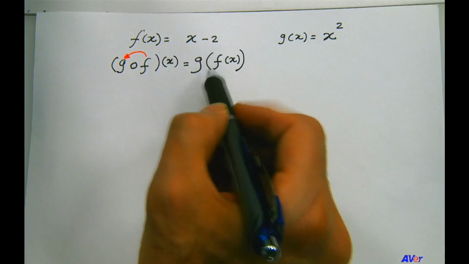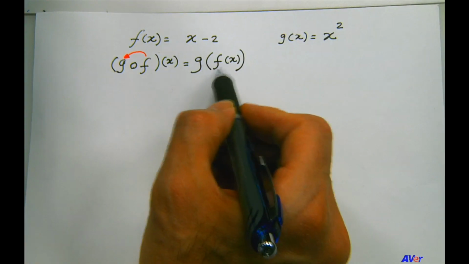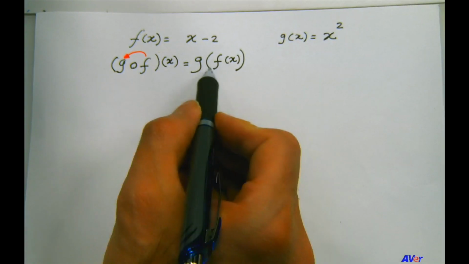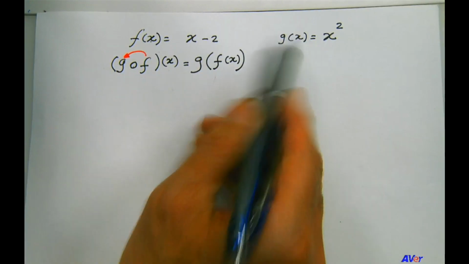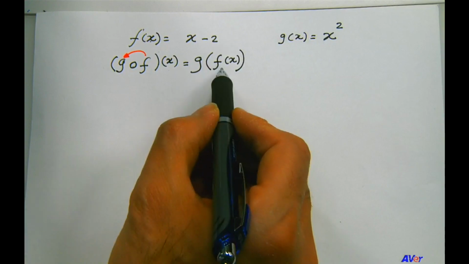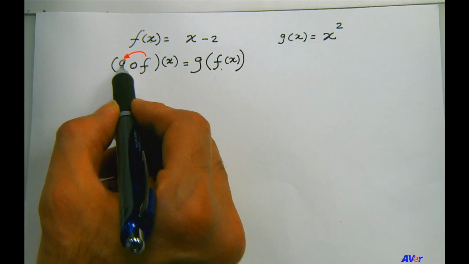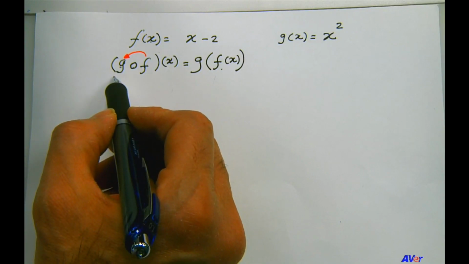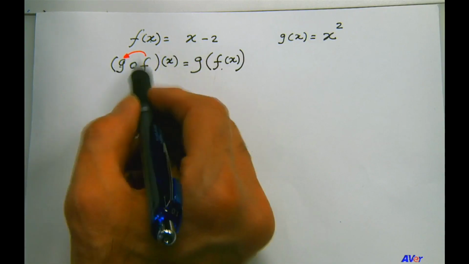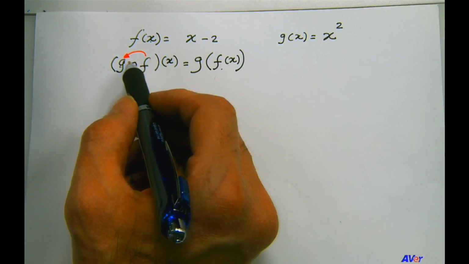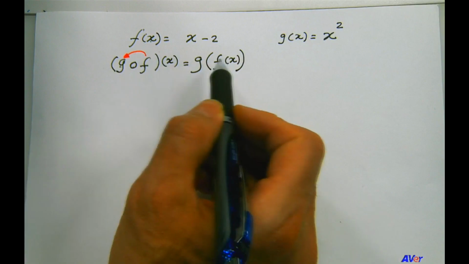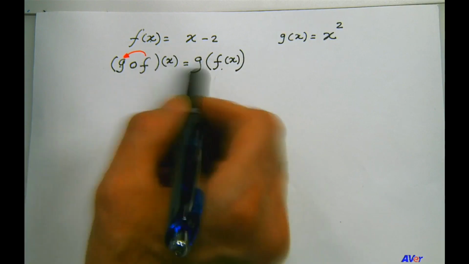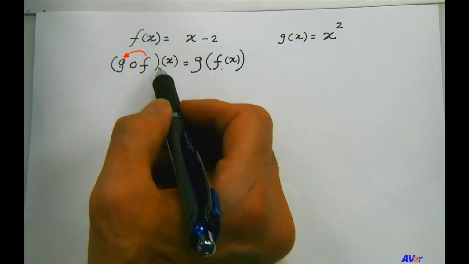So I prefer this notation because it clearly shows which function is replaced inside which function. f is replaced inside g. The second function is replaced inside the first one. But in books and elsewhere, in your online homework assignments and such, you will see both notations. So you should be familiar with both notations and what they represent.